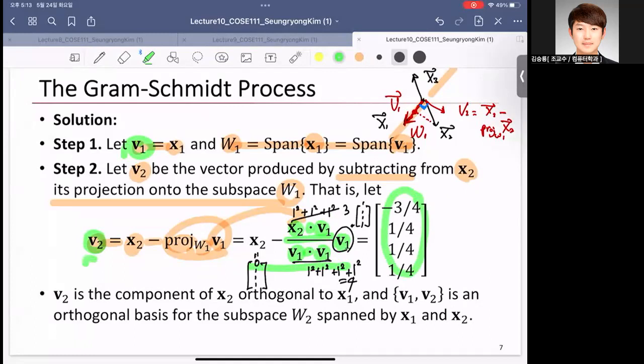So in this case, v2 is the component of x2 orthogonal to x1. And the set of v1 and v2 is an orthogonal basis for the subspace W spanned by x1 and x2.